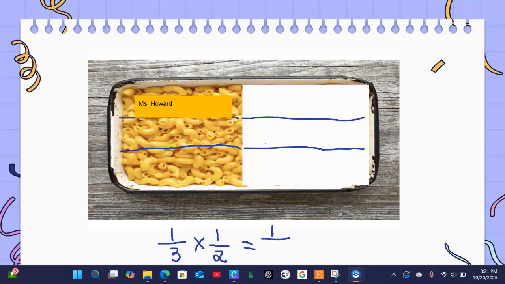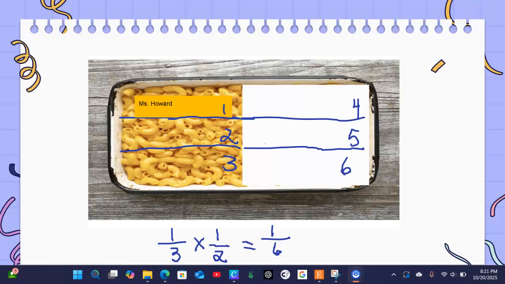And this would be partitioned. Let's go ahead and continue to draw a line. So we have 1, 2, 3, 4, 5, 6. And as you can see here, 3 times 2 equals 6.